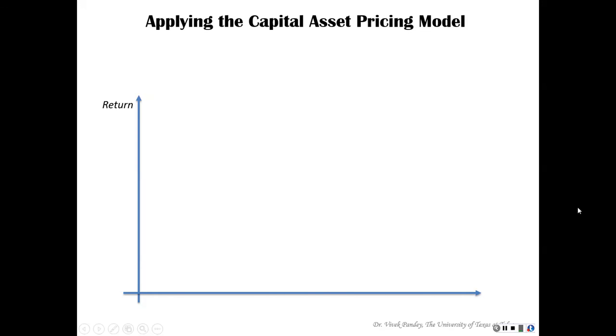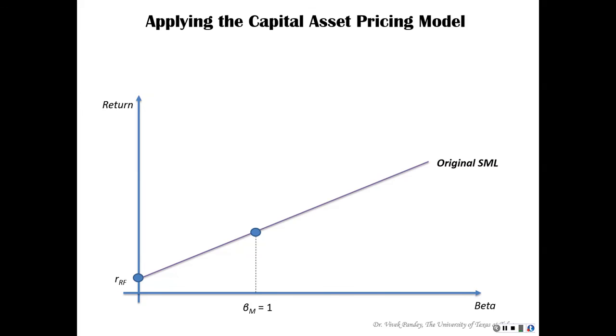Well, let's look at a security market line, or the original SML, right? And of course, it's a linear relationship between beta and returns of various assets. Now, if inflation were to increase, this is the nominal risk-free rate, right?